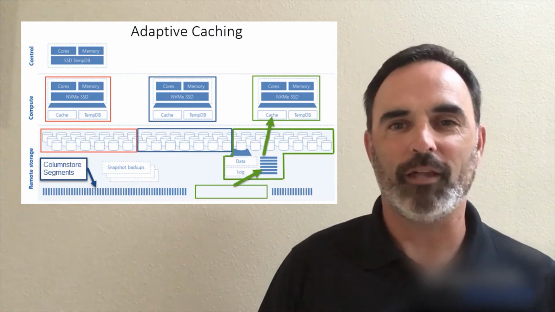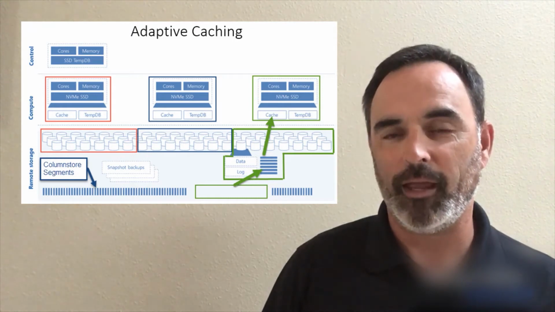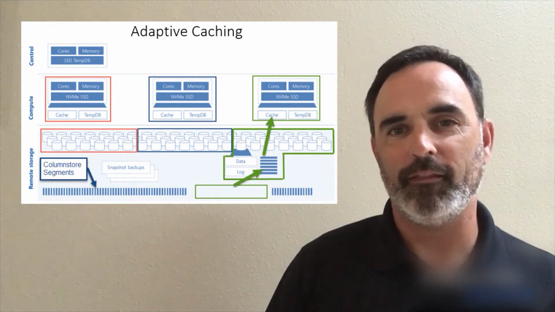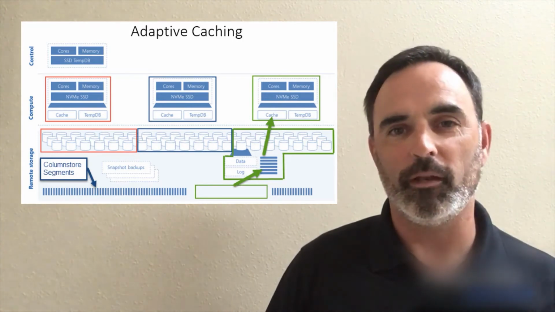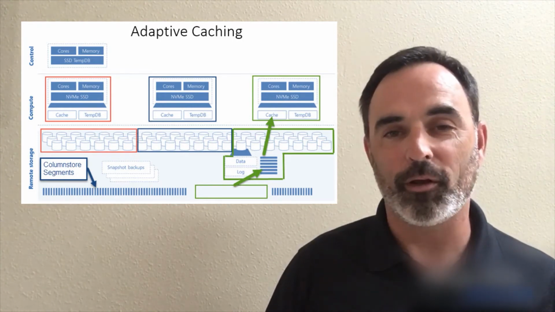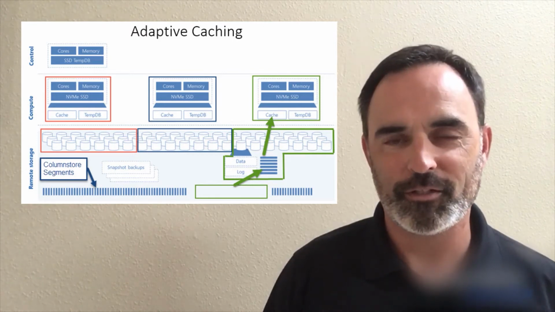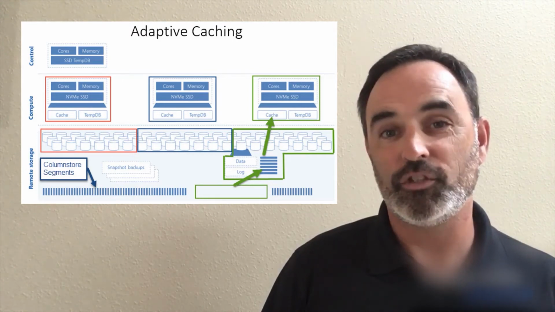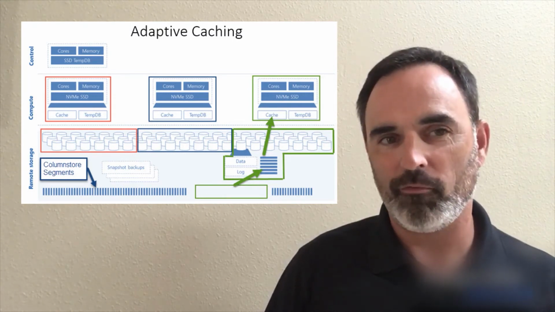Now, depending upon the query I execute, if my query can be resolved by data that has been moved into the compute node, it reduces or eliminates the I/O required to go out to that remote storage. That's really the key to how Azure SQL Data Warehouse Gen 2 achieves that high query performance.